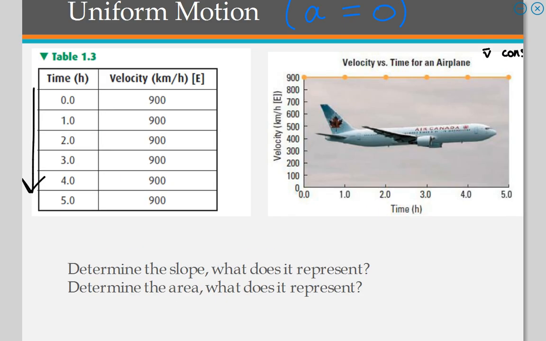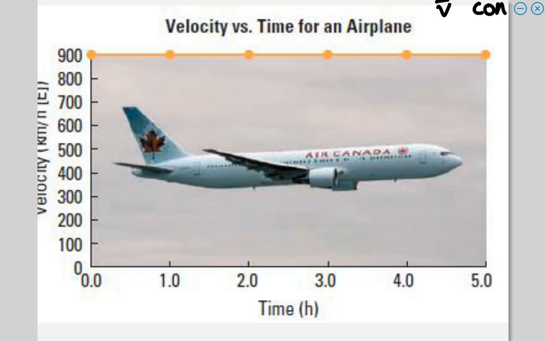All right. Let's take care of this first box, or this first point. Determine the slope. What does it represent? Okay. How to determine the slope of a line? Well, you need 2 points. Let's use these 2 points. Help me find the rise. What is the rise?